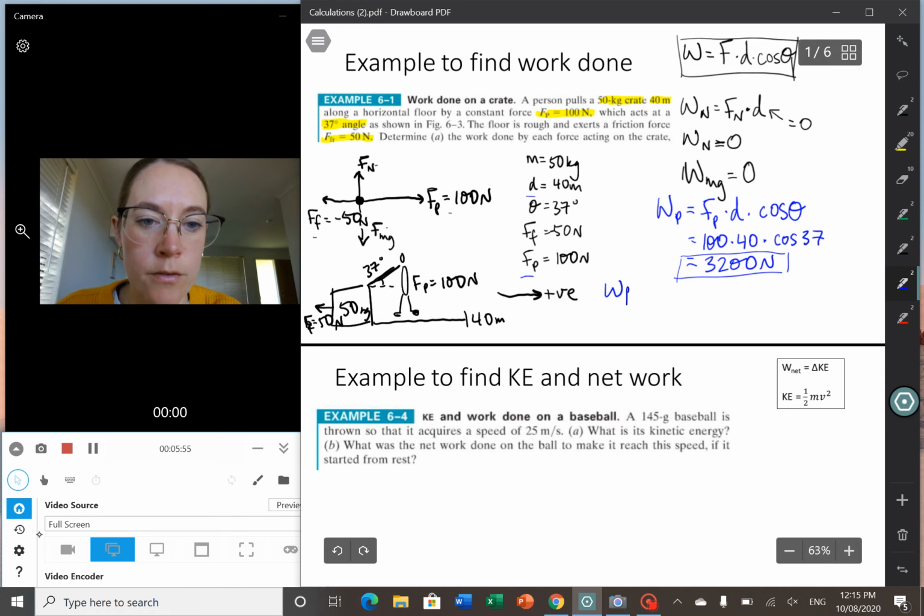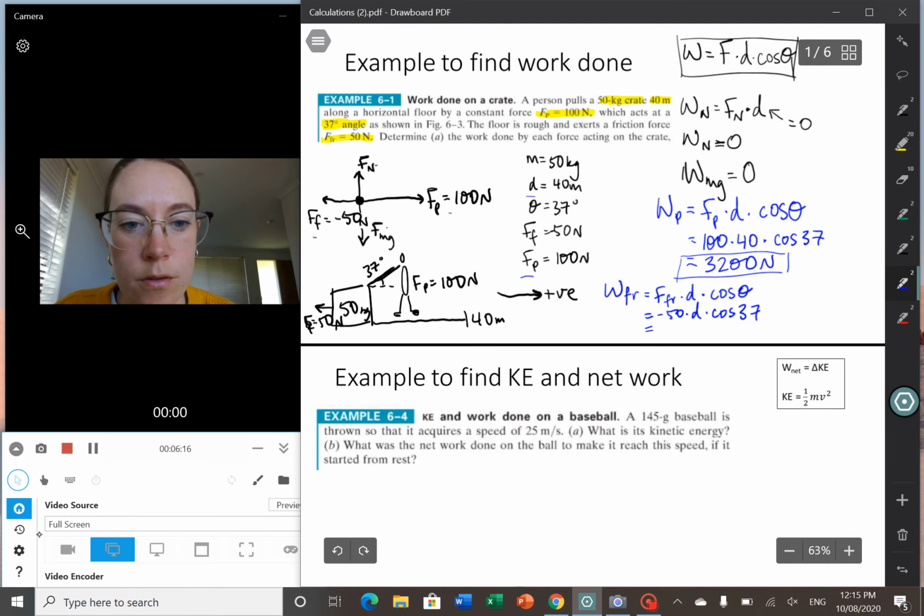And lucky last, work being done by frictional force. Remembering my frictional force has a negative value, that will give me approximately negative 2,000 joules.